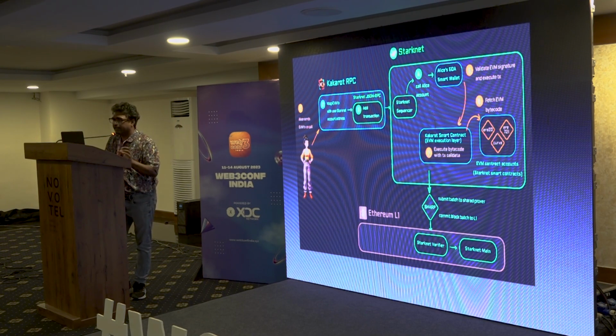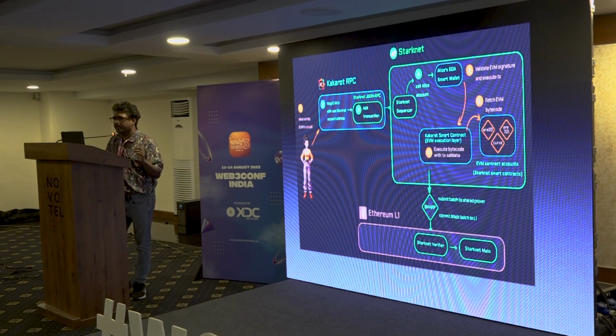What it does is it wraps the EVM transaction with the user's Starknet account address, and it goes to the Starknet blockchain, where you have the sequencer. The role of the sequencer here is to batch or order the transactions that get executed, and this Starknet sequencer can then do some verifications, like the signature verification and other things.